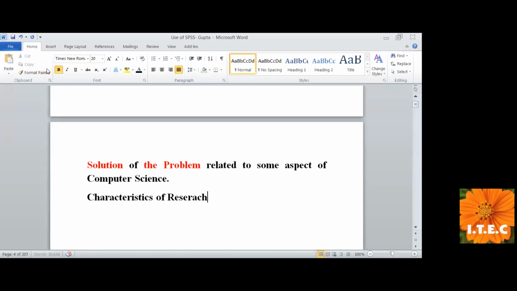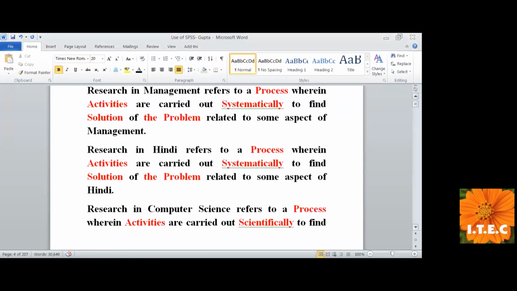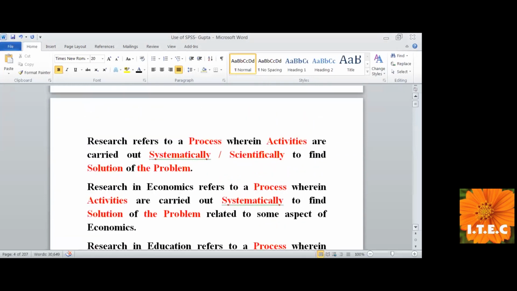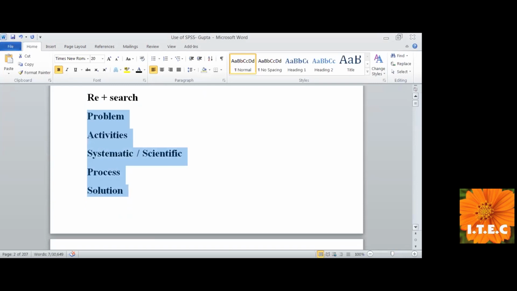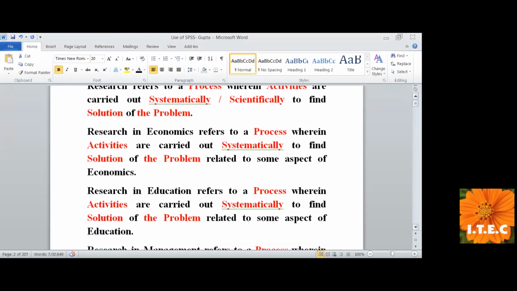Irrespective of the area in which you want to pursue research, it is perfectly correct. So characteristics will be the same. And as I told you, these are the 5 words which you should use in order to write the characteristics of research.